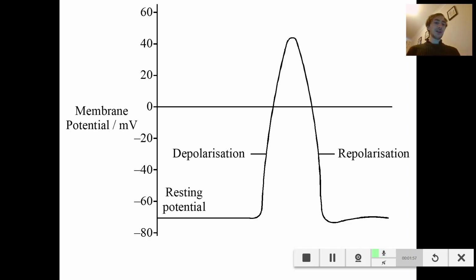Now, that amount of sodium ions will not be enough to trigger an action potential generally. Generally, you require more sodium ion channels open than one synapse can do at one time. And therefore, what you require is something called summation.